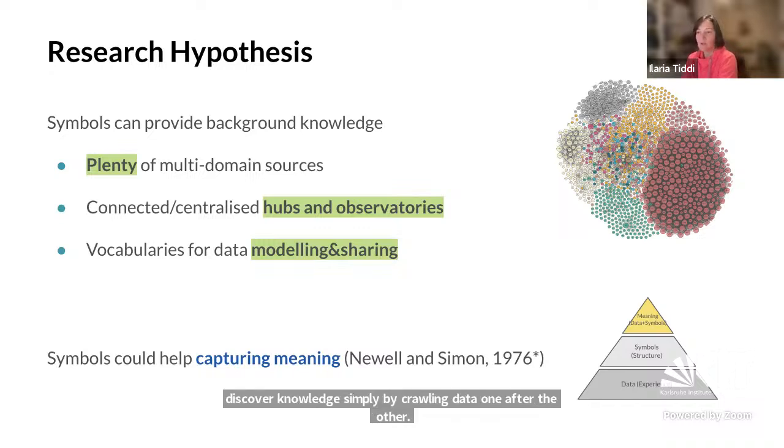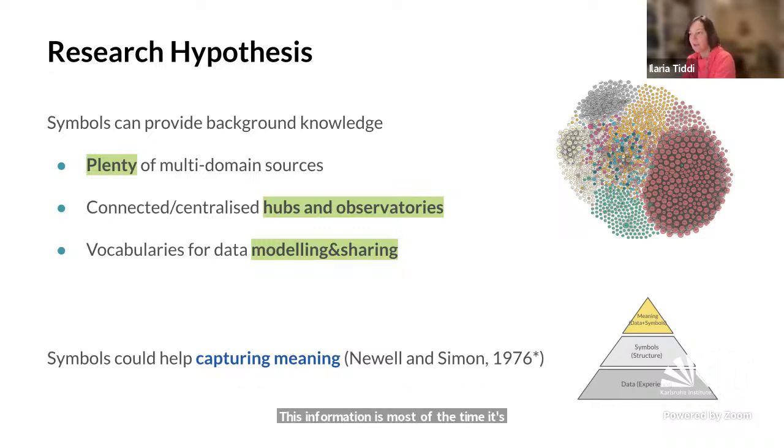This information is most of the time connected, centralized in hubs and observatories. It's standardized according to certain vocabularies that allow modeling and sharing data. The vocabularies allow interoperability across applications.